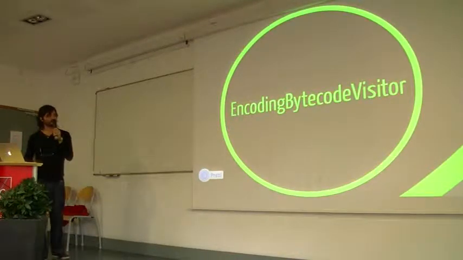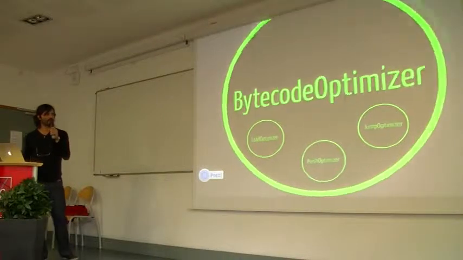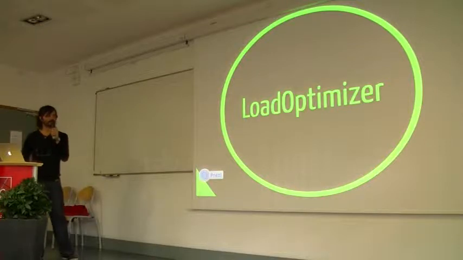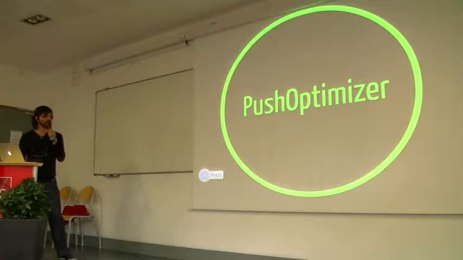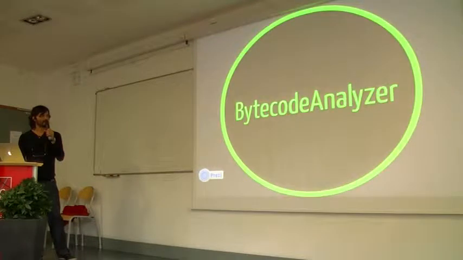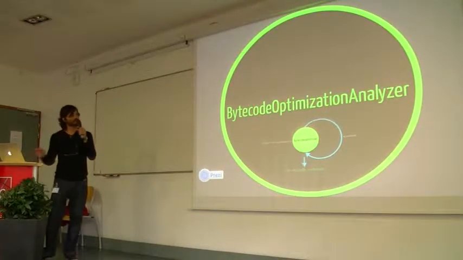We saw this before. Well, we have a special optimizer for particular optimization, or we have the bytecode analyzer. We saw this, and we have two more objects.